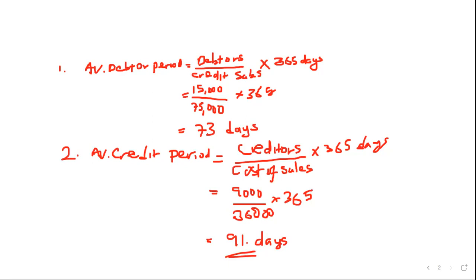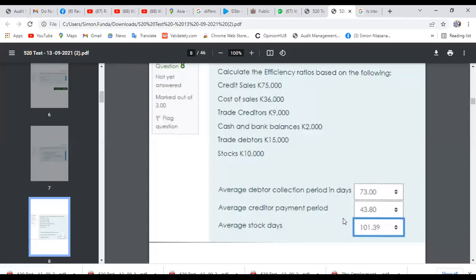What's the next question? Simon, just a quick one. Yes. If it was 91.7, are you going to say 92 days or just say 91 days?